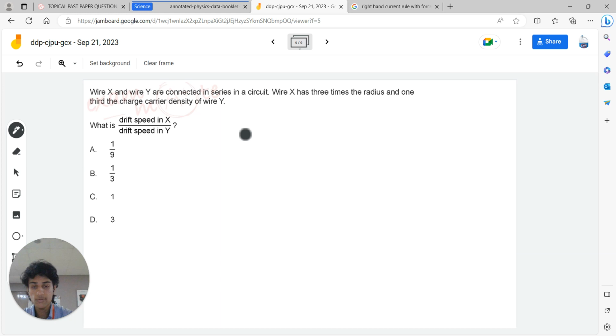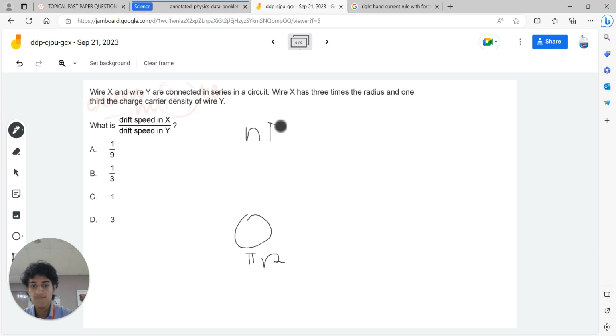So let's do first for X. We have n A, where A is the cross section. If you see a circle, the cross sectional area would be pi r squared, right? And for X in this case, the radius is 3r.